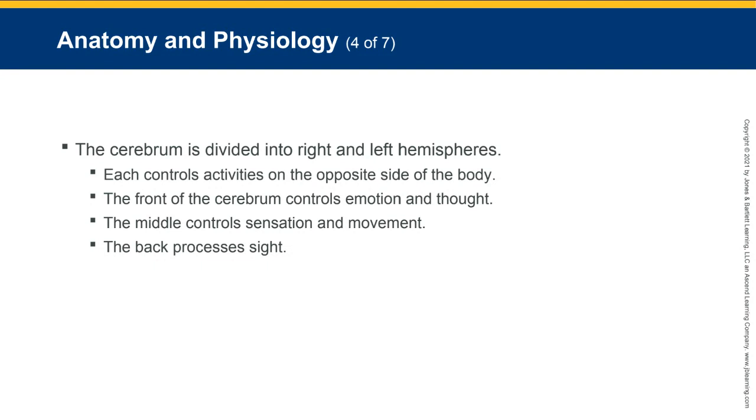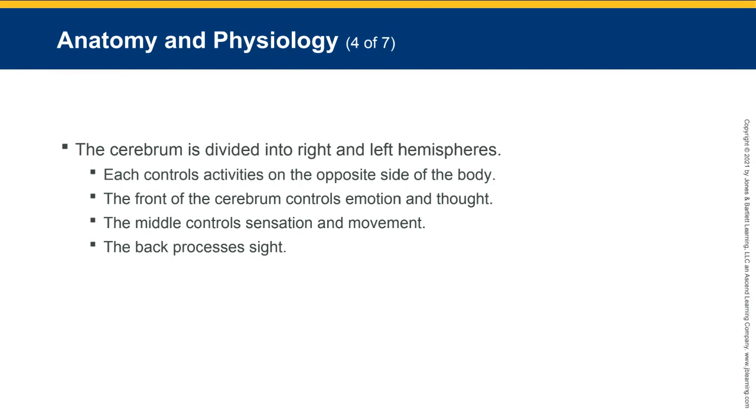So interpretation of speech, understanding of speech is left side. The right side is how the speech comes out. So the right side of the brain controls the way the speech comes out. The left side is more understanding.